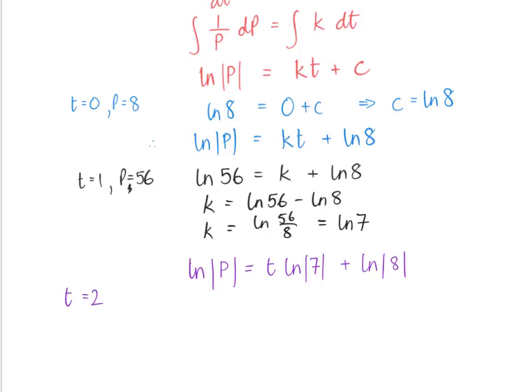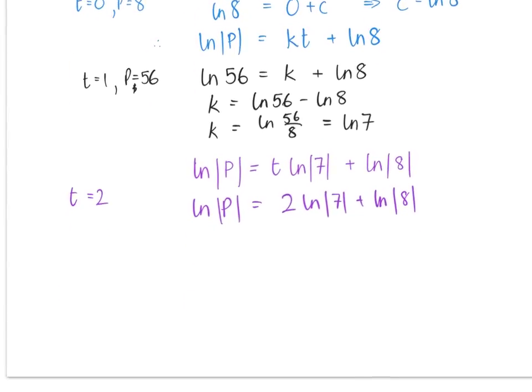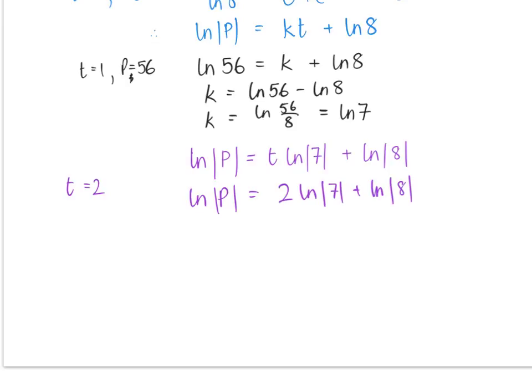So at t equals 2, ln p is equal to 2 natural log of 7 plus natural log of 8, and let's work this out.